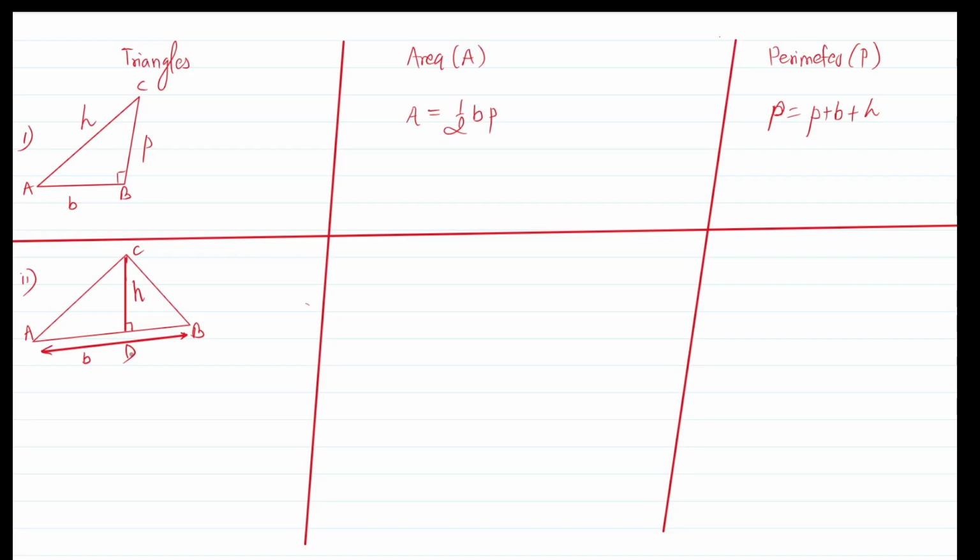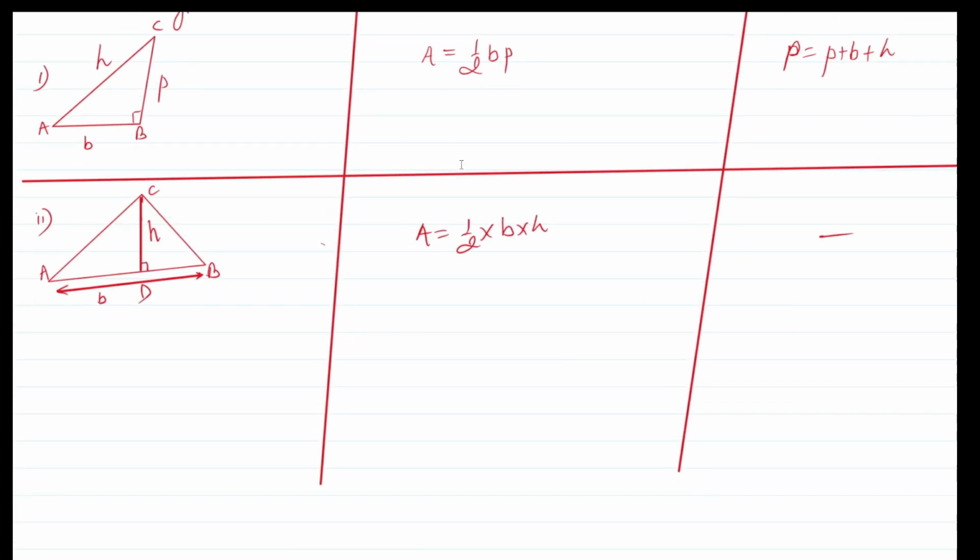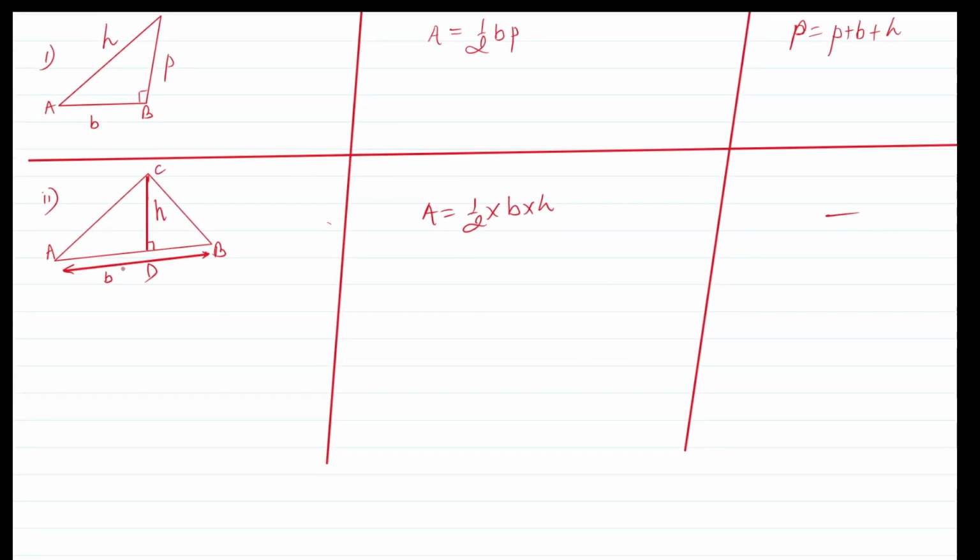Now we know base B. In this case, area is equal to half base into height. For the perimeter, if we know only the base and height, we cannot evaluate the perimeter, because to evaluate it we should have the lengths of the other two sides, AC and CB, which have not been given here. That's why it has been left as it is.